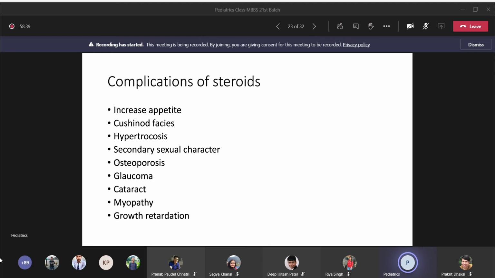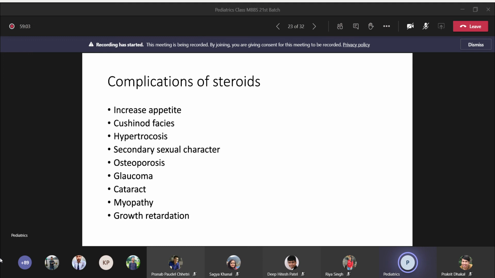When the patient has increased appetite, the patient becomes cushingoid facies. There is development of secondary sexual characters like moustache, and there may also be hypertrichosis. So these are the things that you will get.